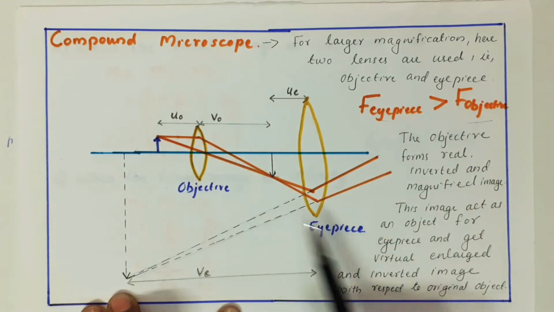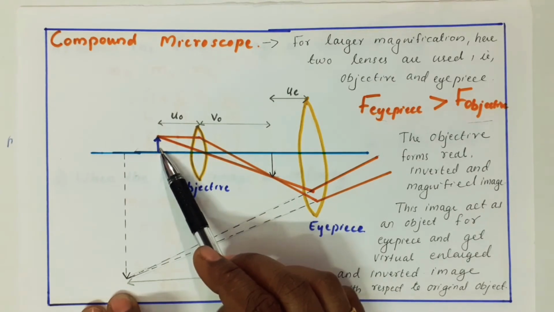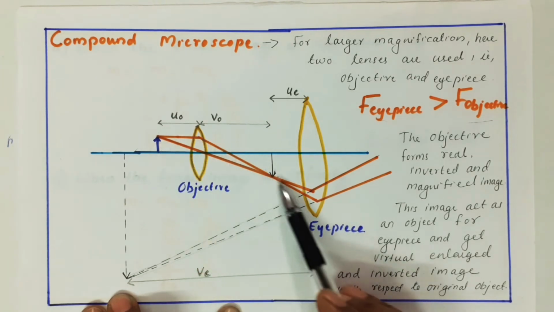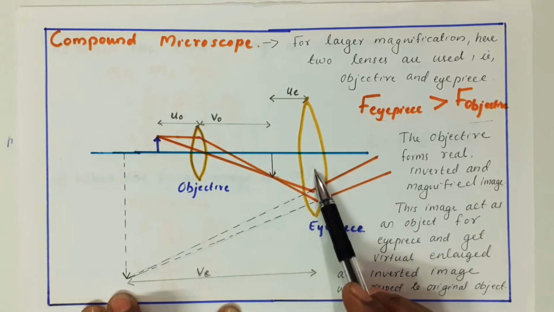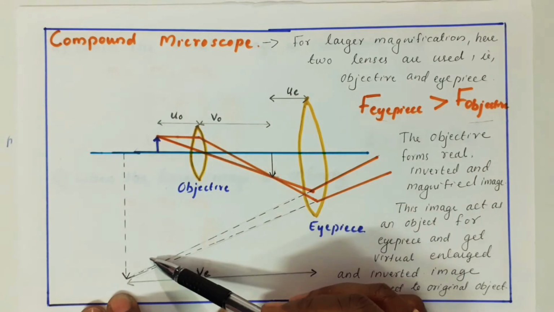Another point: for the objective, here is your object, and I need a real image of it. Because of this object, I am getting a real, inverted and magnified image here. This image acts as an object for the eyepiece, and we get a very big, virtual, enlarged as well as inverted image with respect to our object.